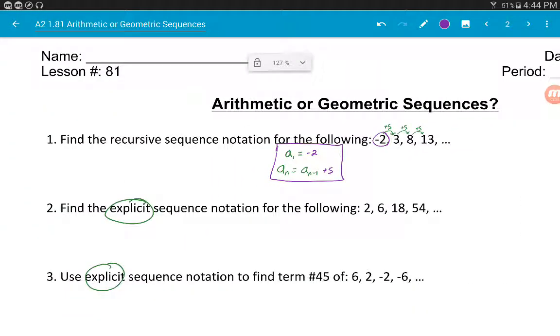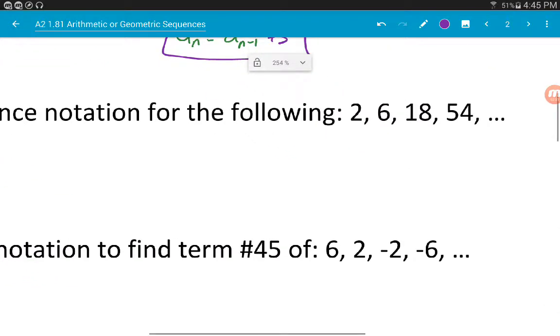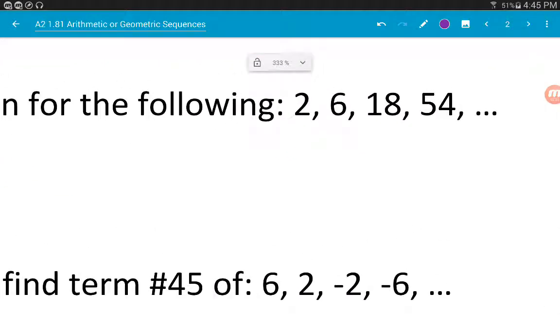The explicit is going to be the one that we pull from the reference sheet. But let's take a look at these and see which kind of sequence we're dealing with. 2, 6, 18, 54. So let's see. From 2 to 6 would be plus 4. From 6 to 18 would be plus 12. So we must be multiplying, because if we were adding, it would be the same number every time.